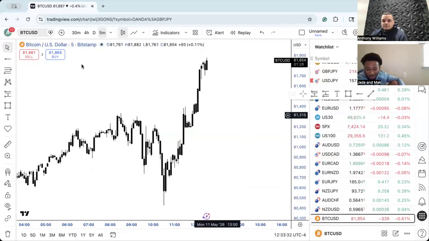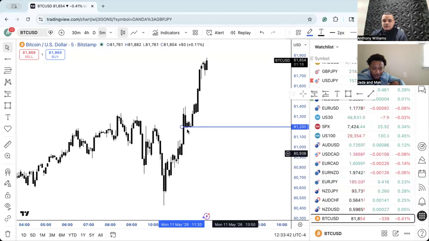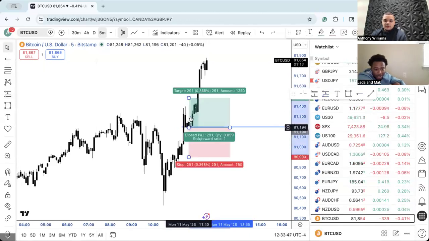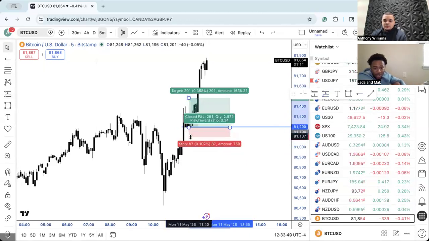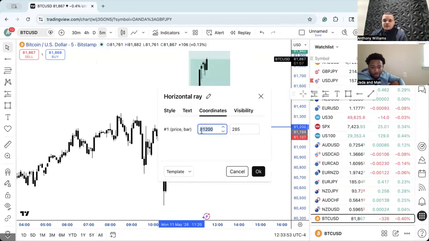I just want to show y'all that if y'all ever wanted to get into crypto, you can do the same thing, drop it all the way down to 200, and it's going to be the same thing. You ignore the first two numbers.